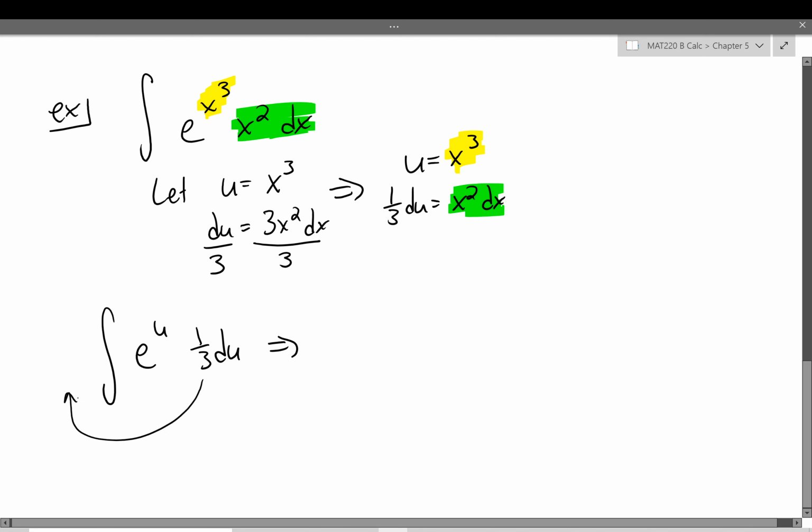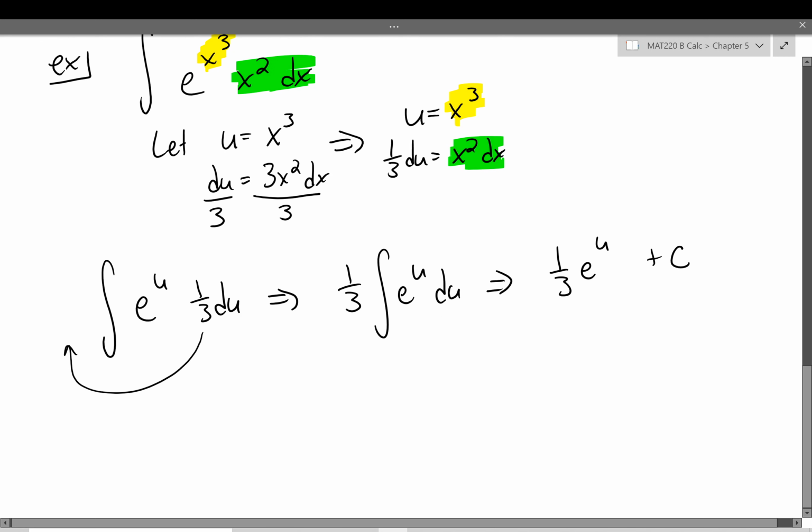I'm going to take the 1/3 and pull it out front to give me the integral of e to the u du. I know the integral of e to the u is e to the u plus c. And then the last thing I'm going to do here is make my U-substitution to write 1/3 e to the x cubed plus c.